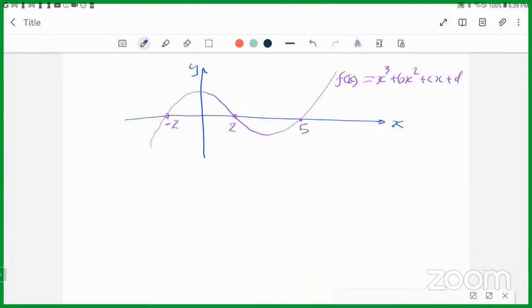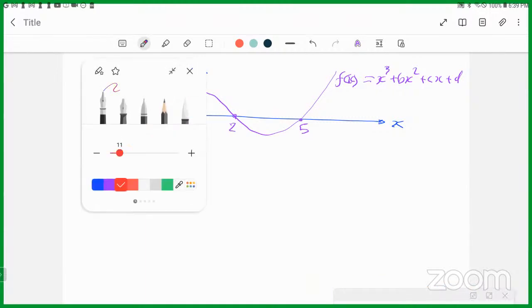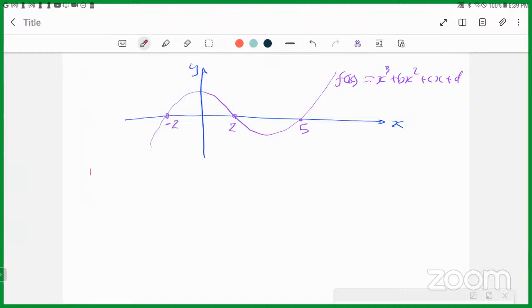So the three roots are obvious. The roots: x equals 5 right here, x equals 2 right here, x equals minus 2 right here.